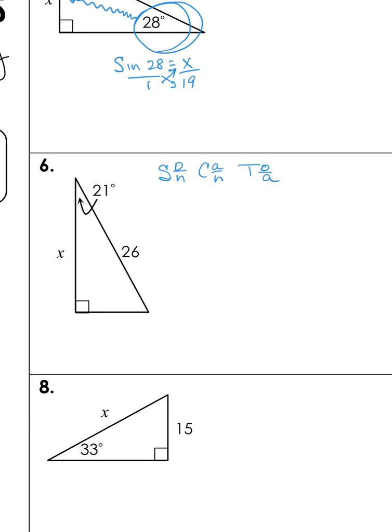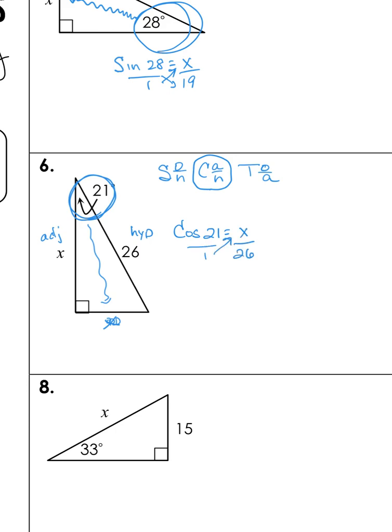All right, looking at the next one. Here's my angle. The box points to our hypotenuse. The side way over here would be opposite, but there's nothing written on there. That means my other side is the adjacent side. So we have A and H. That's going to be cosine. So cosine 21 equals adjacent over hypotenuse.